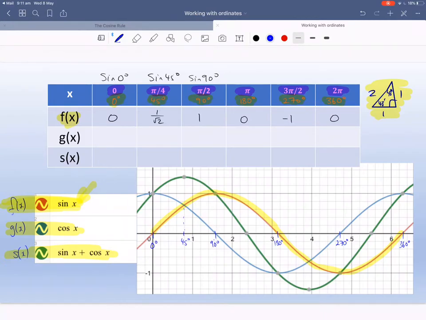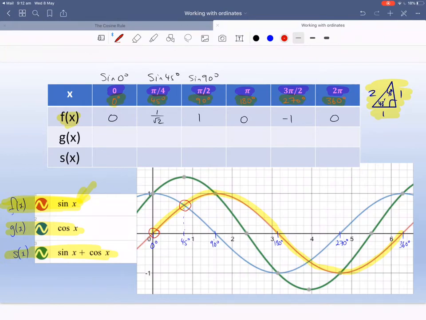Now if you look at the graph, so we're just looking at the sine one, you can clearly see that at 0, the sine wave, the red one, is 0, the y value. At pi on 4, if you put it in your calculator, you'll get something close to that. Just put it in your calculator and you'll figure it out.